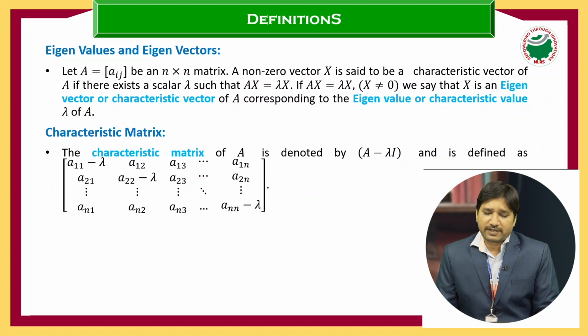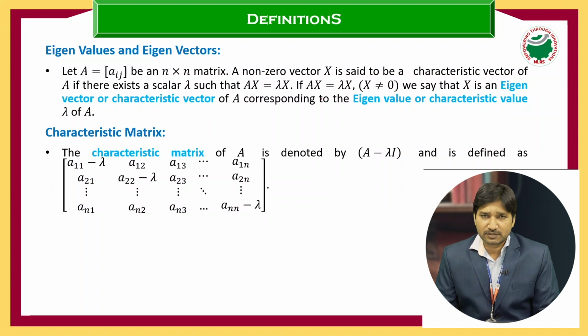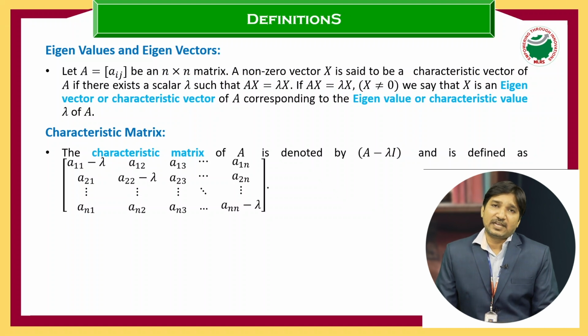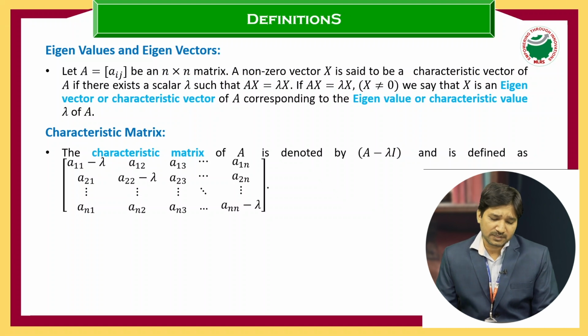A non-zero vector X is said to be a characteristic vector of A if there exists a scalar lambda such that AX equals lambda X. If AX equals lambda X, we say that X is an eigenvector or characteristic vector of the matrix A corresponding to the eigenvalue or characteristic value lambda of the matrix A.